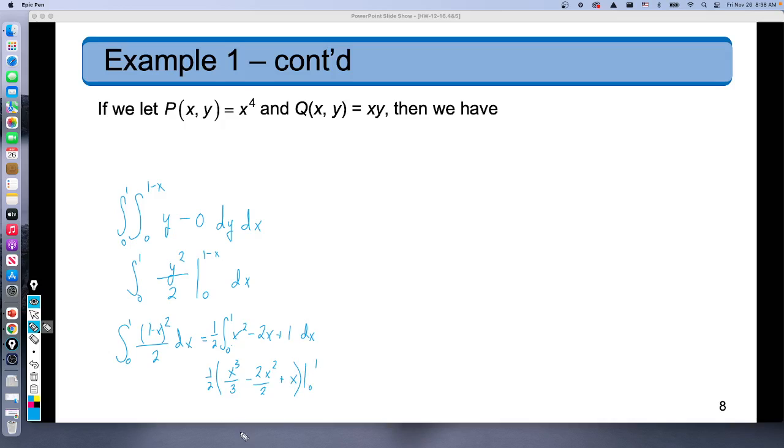Again, when we plug in 0, everything disappears, so we just plug in the 1's. So that is going to give us 1/2 times 1/3, minus 1 plus 1. Remember the 2's canceled. These cancel out, negative 1 plus 1, so you get 1/6 as our final answer.